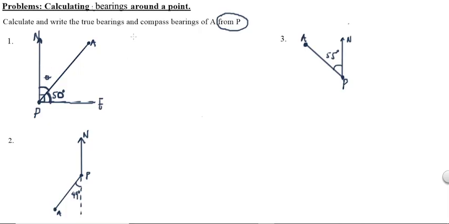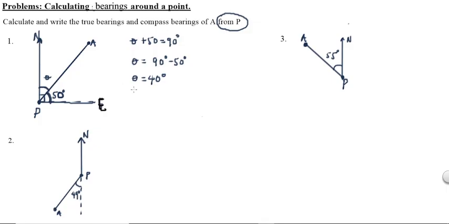To get angle theta, theta plus 50 is equal to 90 degrees. So theta is equal to 90 degrees minus 50 degrees. Theta is then equal to 40 degrees. So that's theta. From here, we can simply write our true bearing and our compass bearing.